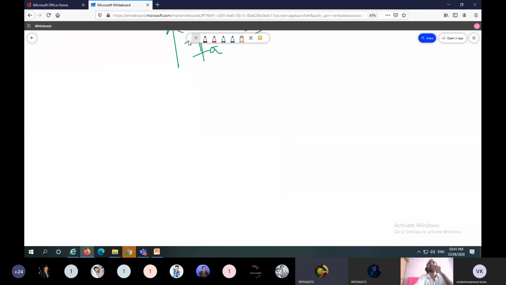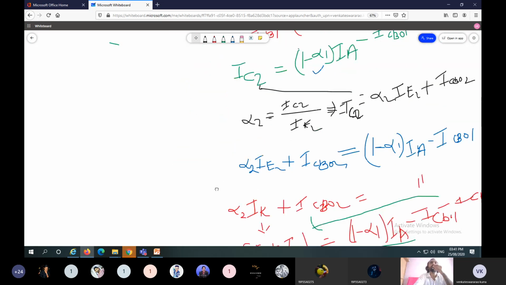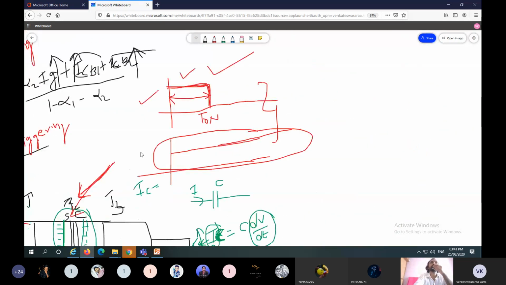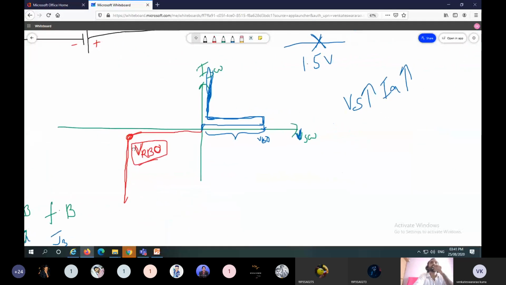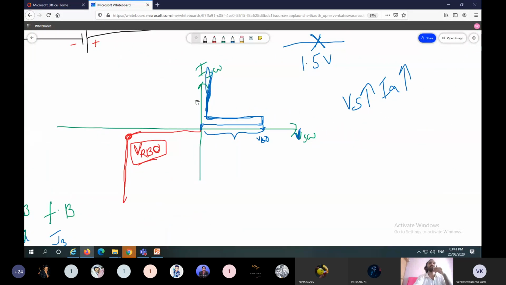Already we discussed static characteristics of SCR. So if you take this graph, with increasing gate current, we can decrease breakover voltage. Breakover voltage means the supply voltage at which the thyristor turns on.